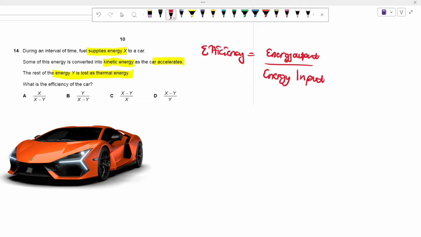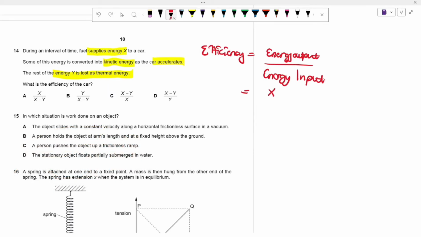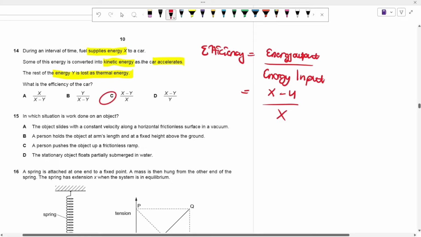The energy output is what we got out from the fuel, because we want to find the rate at which the fuel is being used effectively. If we supplied X but wasted Y, we used X minus Y. How much did we put in? We put in X. So X minus Y over X will be the correct answer.